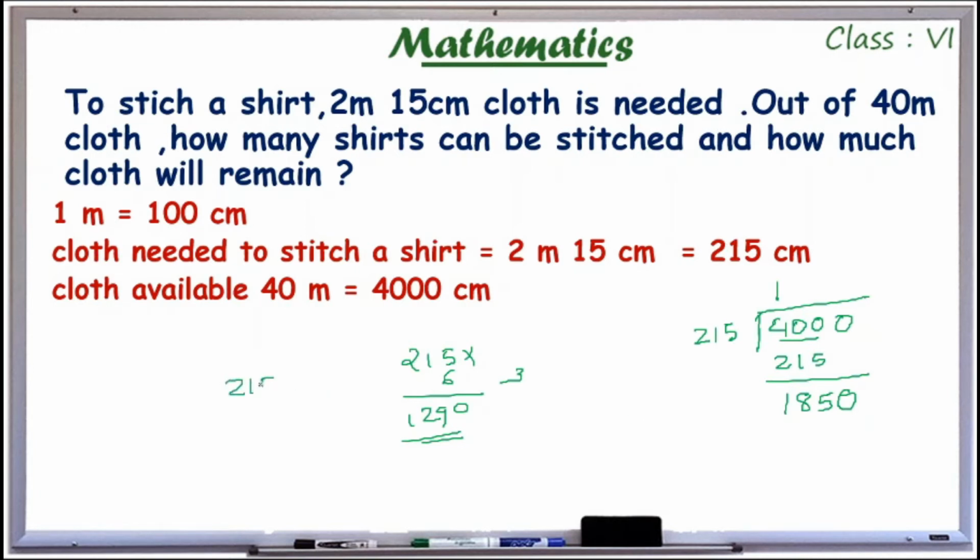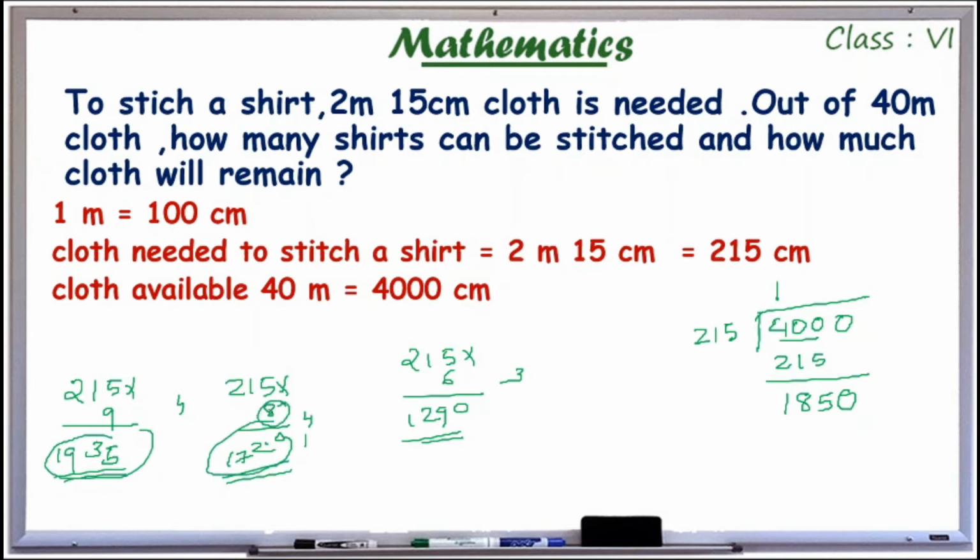So check for 8. 1720, where 215 into 9 is equal to 1935, which is greater. So this is smaller, so I have to choose this 8. So we get 1720. So 130. Okay. So I get the answer 18 and a remainder of 130.